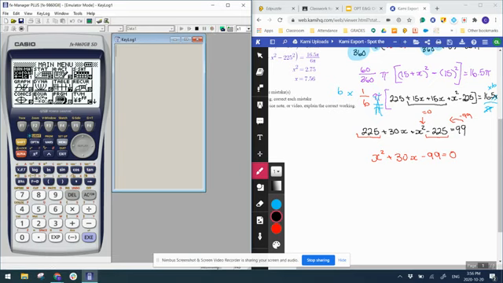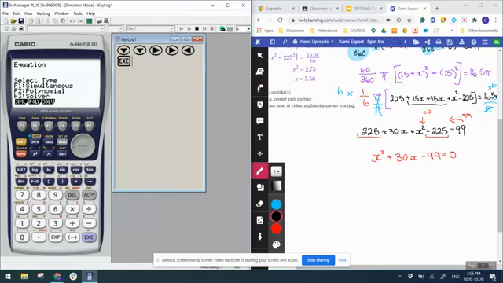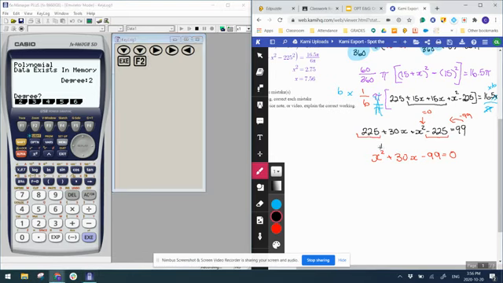So we're going to go to equation, which is in A. Oops, too far. We're going to go into equation. We want to go into polynomial solver F2. Remember, the degree is the exponent. So in our case, it's degree 2.